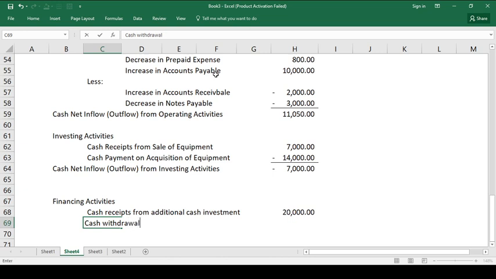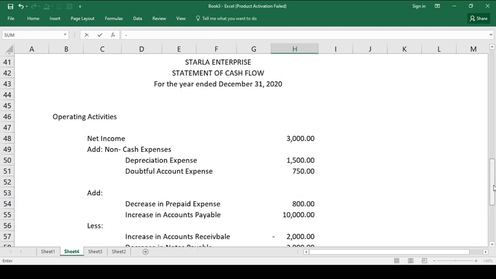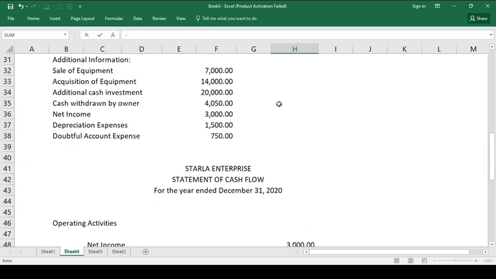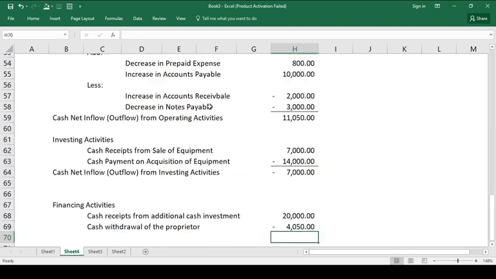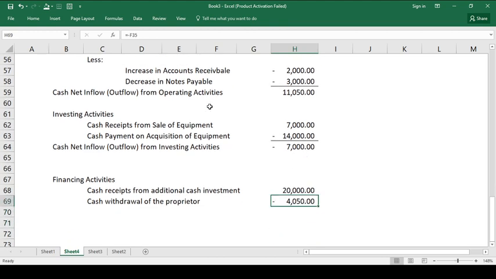Ayun, that's the appropriate term of the proprietor or the owner of the business organization amounting to. So, let's provide it. So, let's put a negative sign on that kasi ibabawas natin. So, amounting to 4,050.